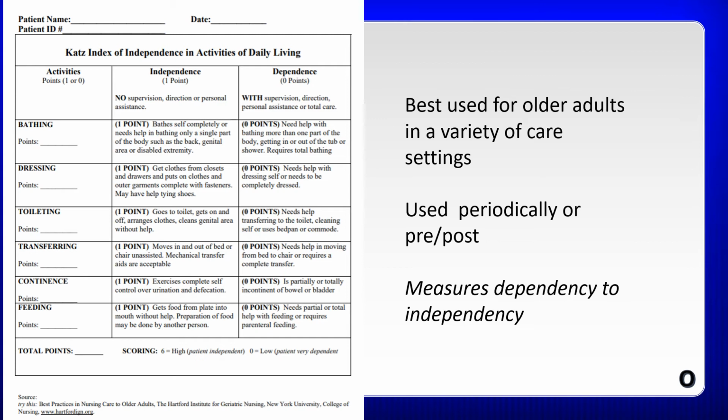This is the Katz Index of Independence, and you'll see that there is a list of activities based upon needing help or not needing help, with a descriptor with each. Those assessments of independence are often best used in elderly care homes or with elderly individuals.